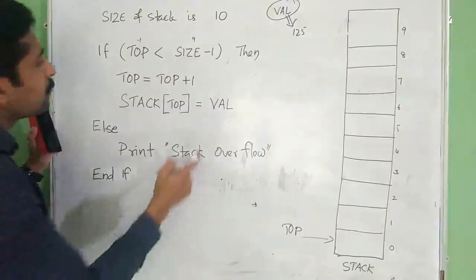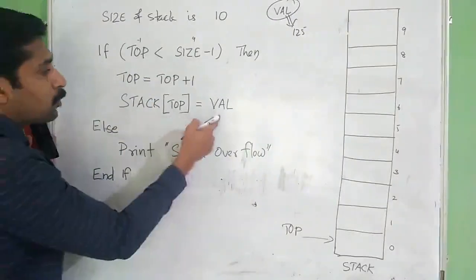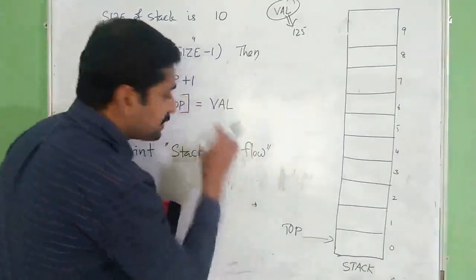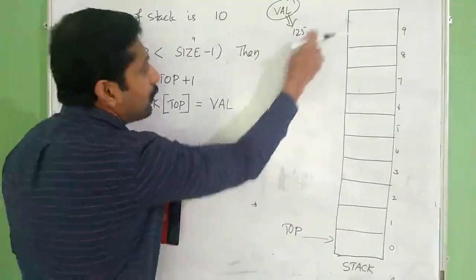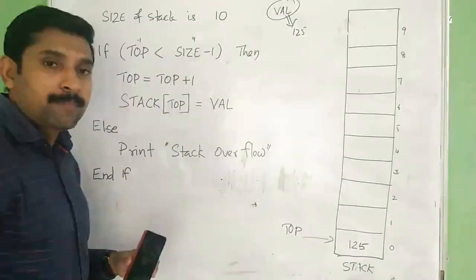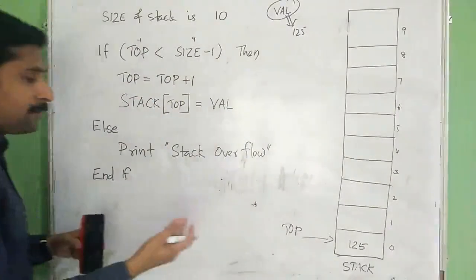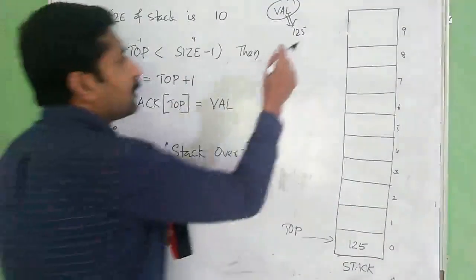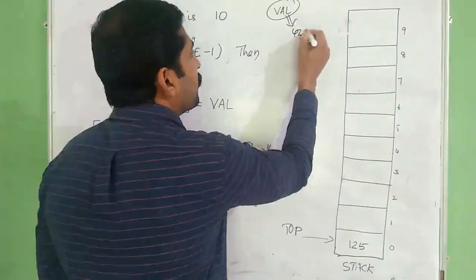Now stack of top equal to value. Top is 0, so stack of top. What is value? 125. So this value will be inserted in this position. Now again, another item comes. Let us insert 425.